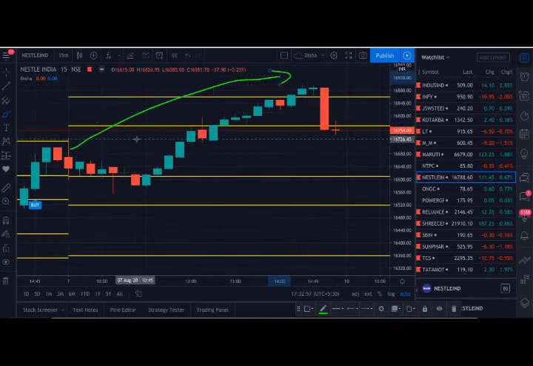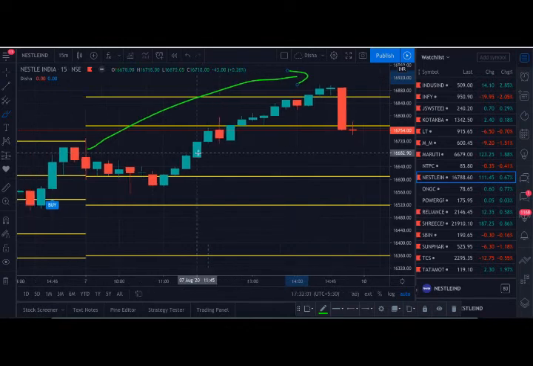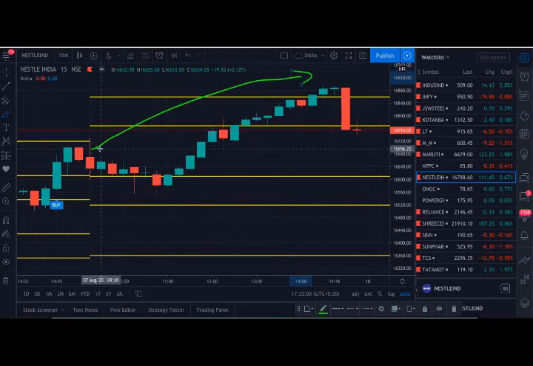In this case I would like to tell you something: for overnight positions, if you want to carry, always not only consider the stop loss, also take a hedge against the trade, because you never know what would happen overnight. For intraday, strictly follow the stop loss.